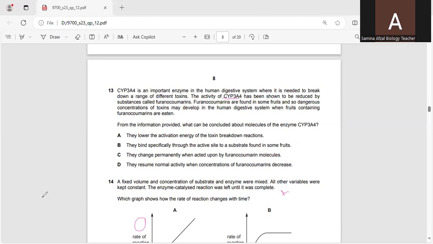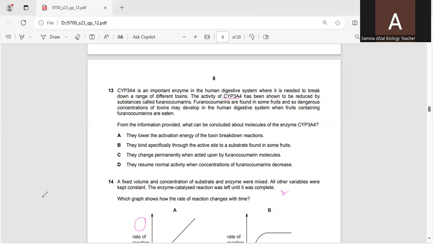CYP3A4 has been shown to be reduced by substances called furanocoumarins, and furanocoumarins are found in some fruits, so dangerous concentrations of toxins may develop in the human digestive system when fruits containing furanocoumarins are eaten.